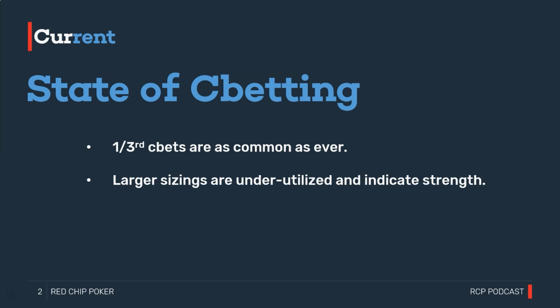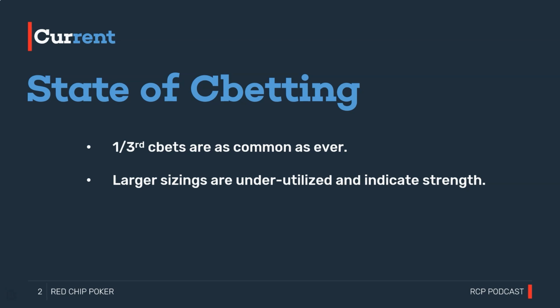So when GTO does use a large cbet sizing, it obviously includes a decent range of more speculative holdings to make sure the cbetting range is not overly strong, whereas the average opponent doesn't do that. They size up, it's usually an indication that they are stronger than average.